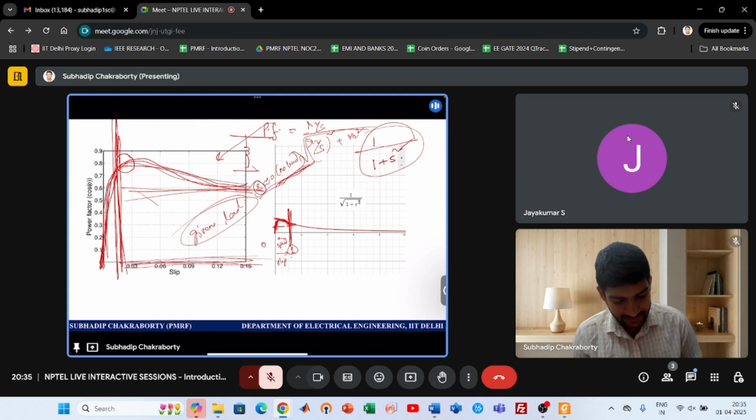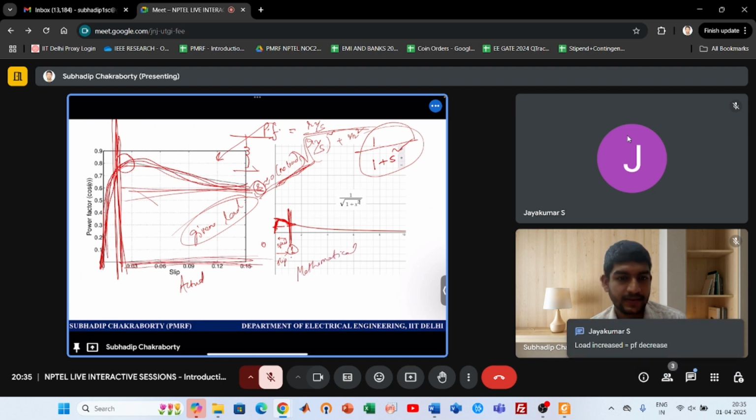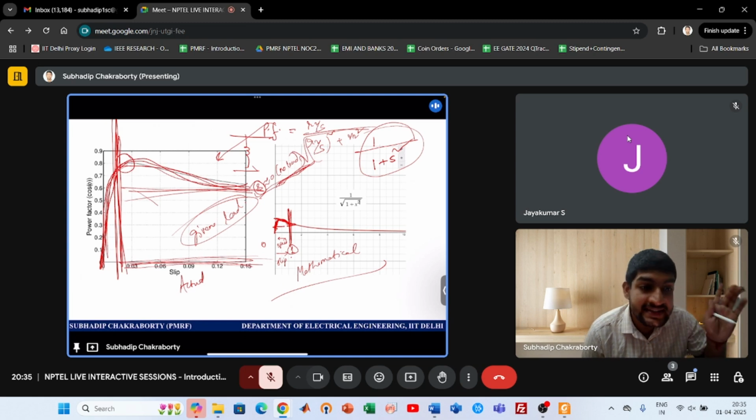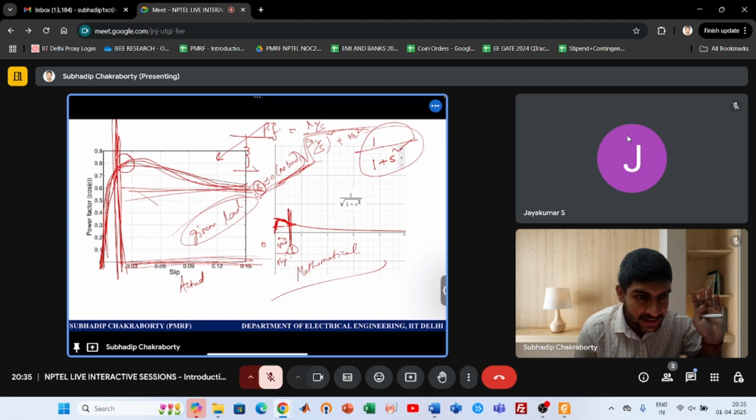So this is actual, this is mathematical, right? See, load increased, power factor decreased. Don't try to see it like that. For a given slip, if you try to increase the load, speed will try to decrease.